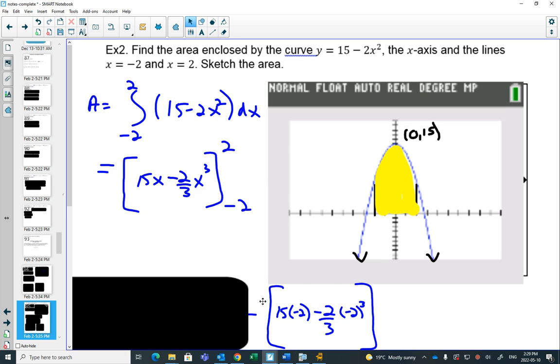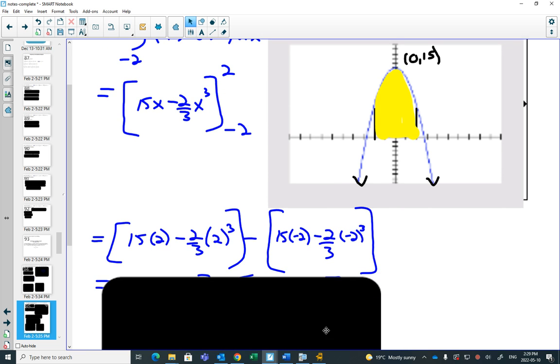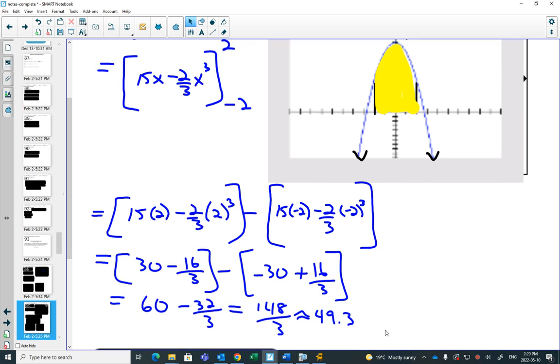And then it's just a matter of plugging things in. The rest of the calculations would be fairly easy, just time consuming. So I'll get you to try example 3 on your own.